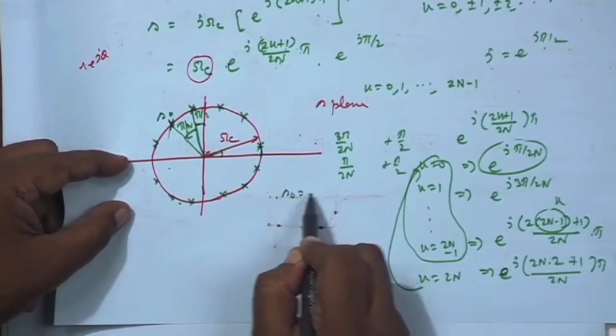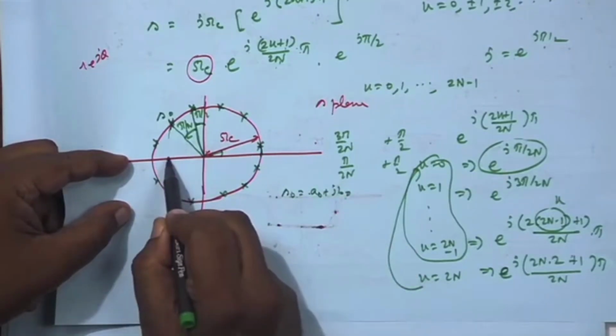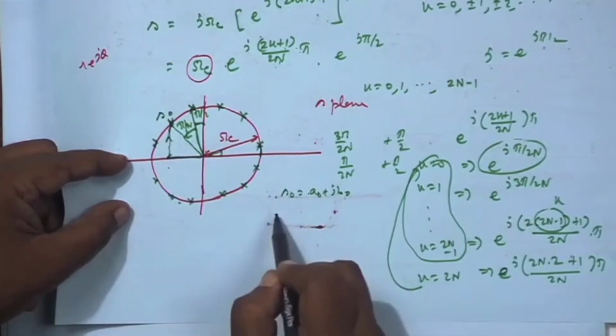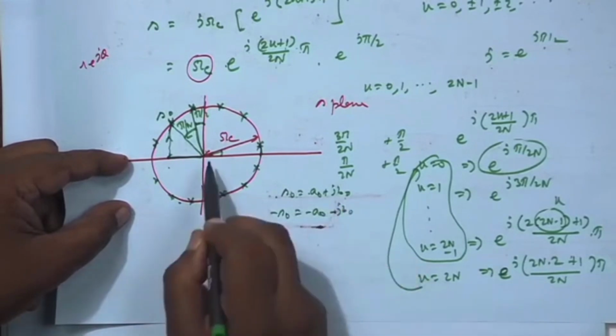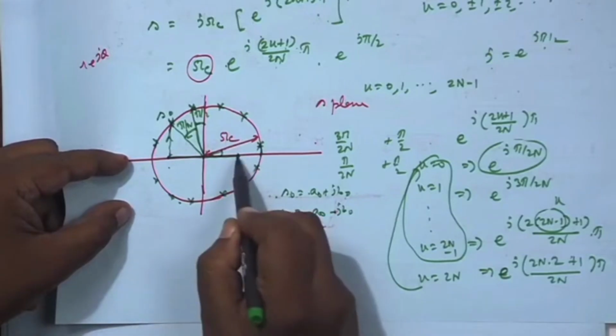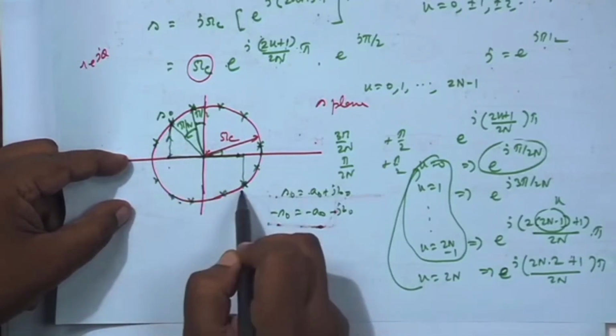If S0 is say A0 plus JB0, where A0 is negative, then minus S0 means minus A0 minus JB0. So minus A0 will be on this side. All right. So if there is a pole at S0, there is a pole at minus S0.